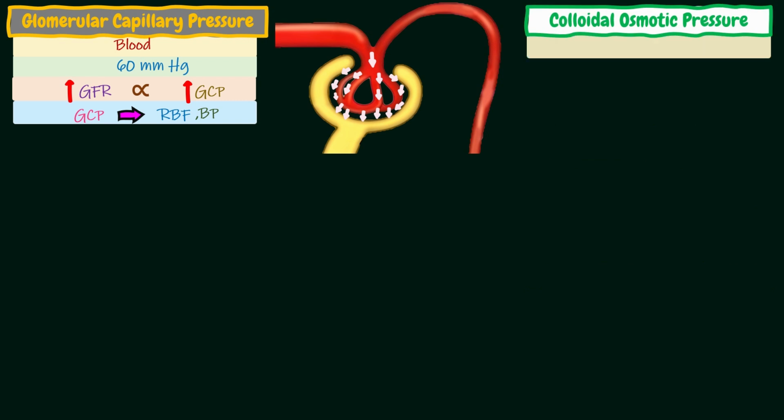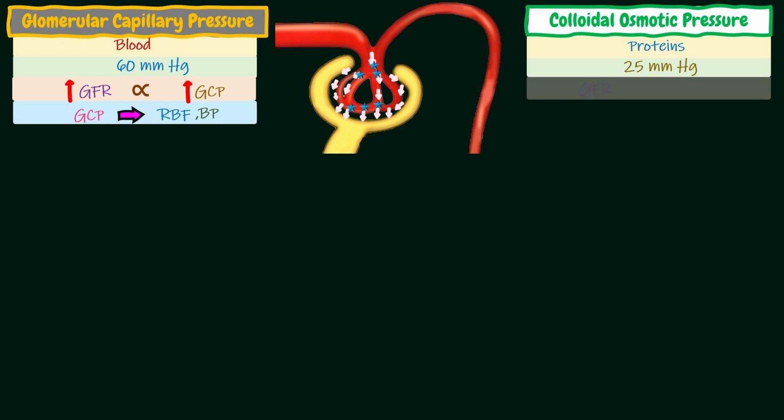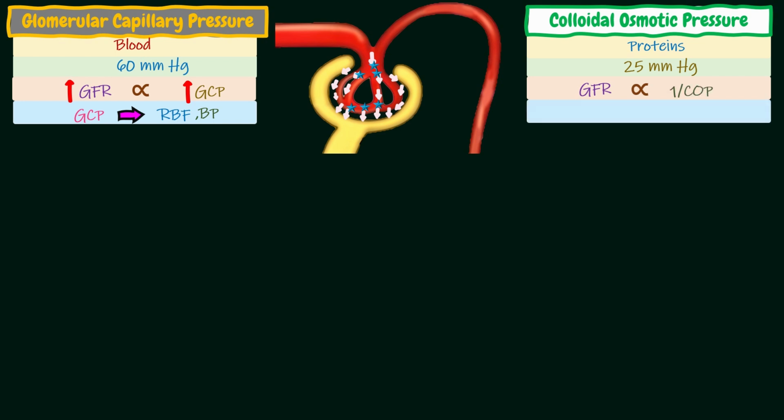Second is the colloidal osmotic pressure, which is exerted by plasma proteins in the glomerular capillary blood. Normal colloidal osmotic pressure is 25 mm of mercury. Glomerular filtration rate is inversely proportional to colloidal osmotic pressure.